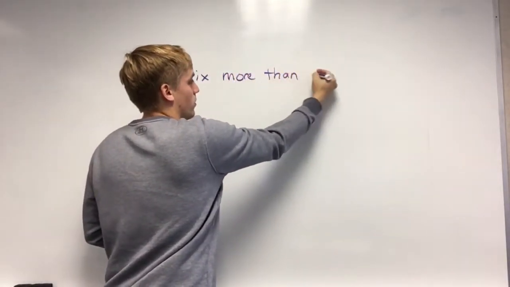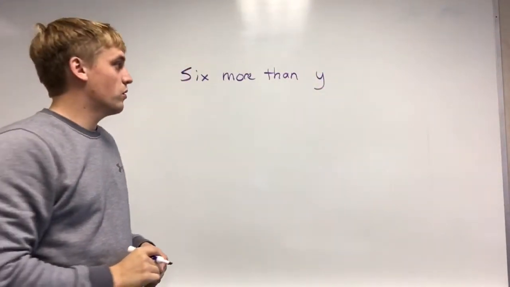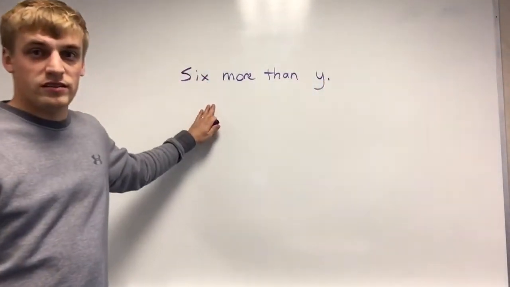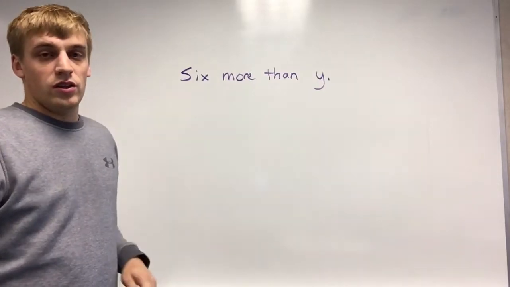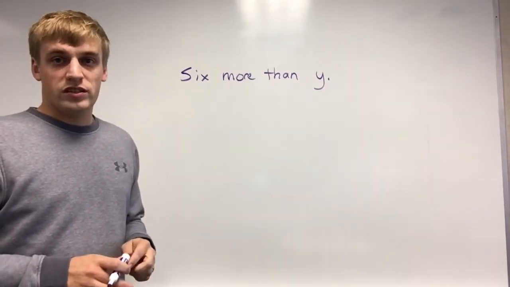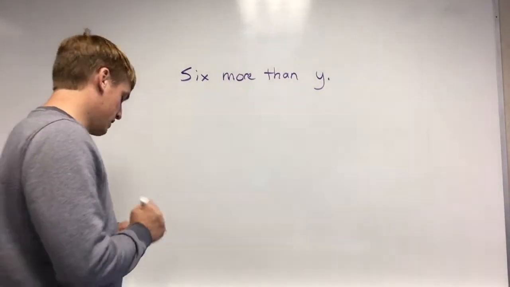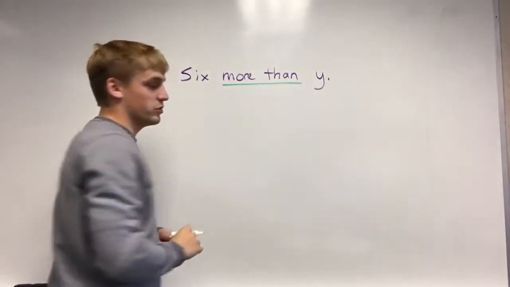than y. Okay, 6 more than y. So we need to look at this sentence and create an expression from it. The first thing I always do is circle or underline the key words. In this case, one of the key words is more than.